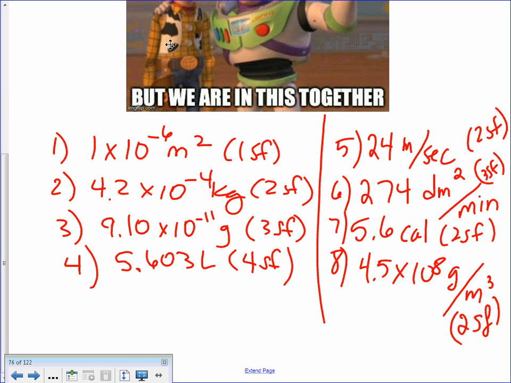I'm going to write down the answers to the complex ones for the word problem.